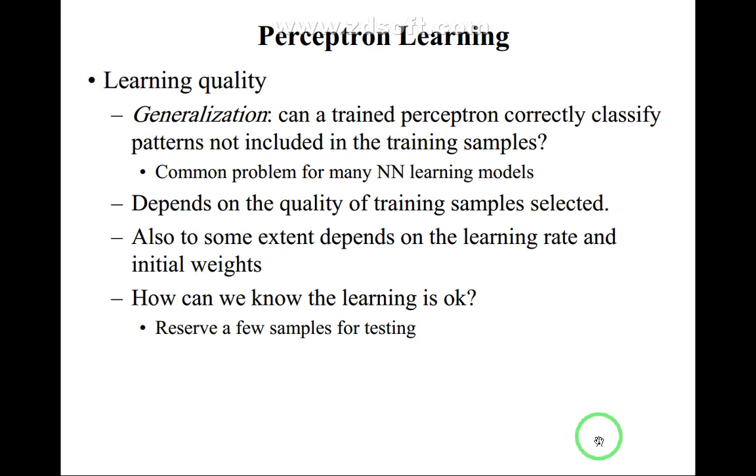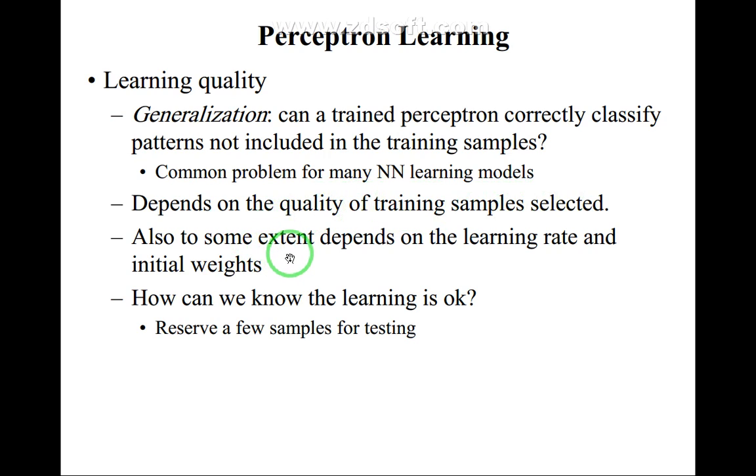Learning quality and generalization are very important. Generalization means the trained perceptron can correctly classify patterns not included in the training samples. This is a common problem for many neural network learning models. It depends on the quality of the training samples selected, so how you select the training samples is very important.